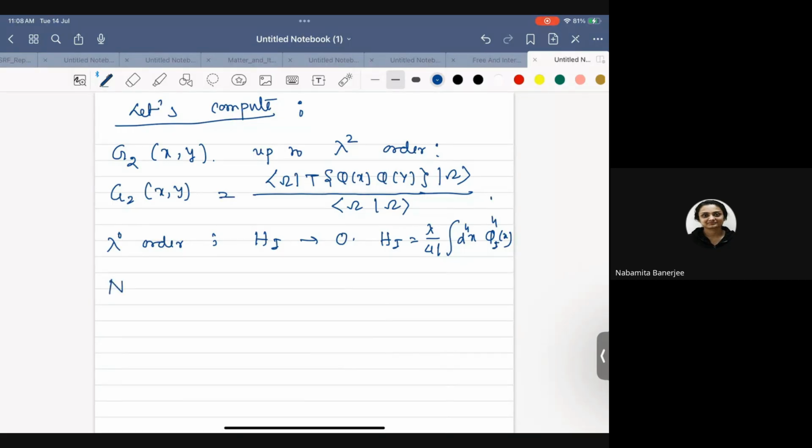Then what would be my N to the 0? It is the limit, I'll take the limit absolutely at the end, then N to the 0 is nothing but 0, time ordered product of phi_I x, phi_I y, 0. What is the result?